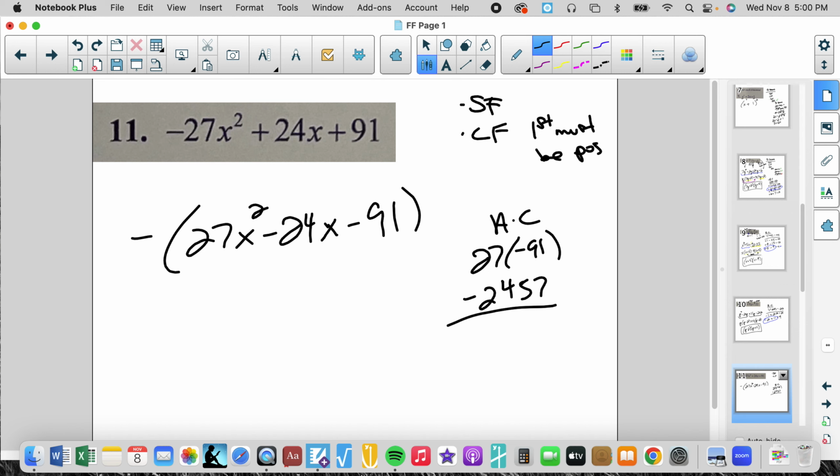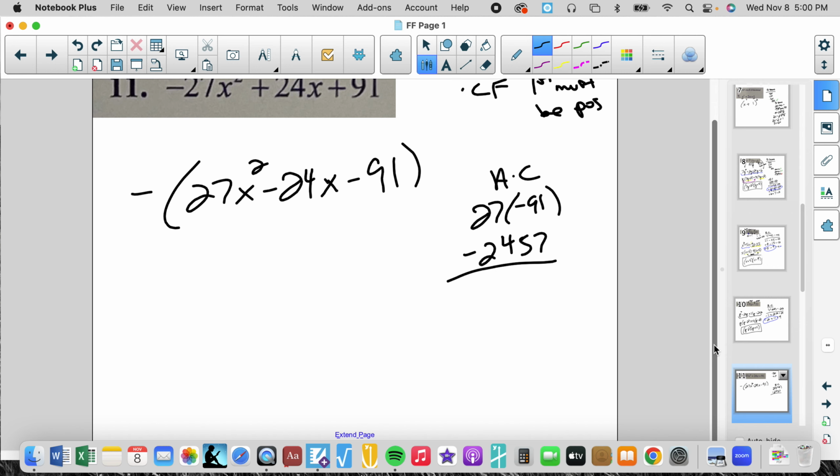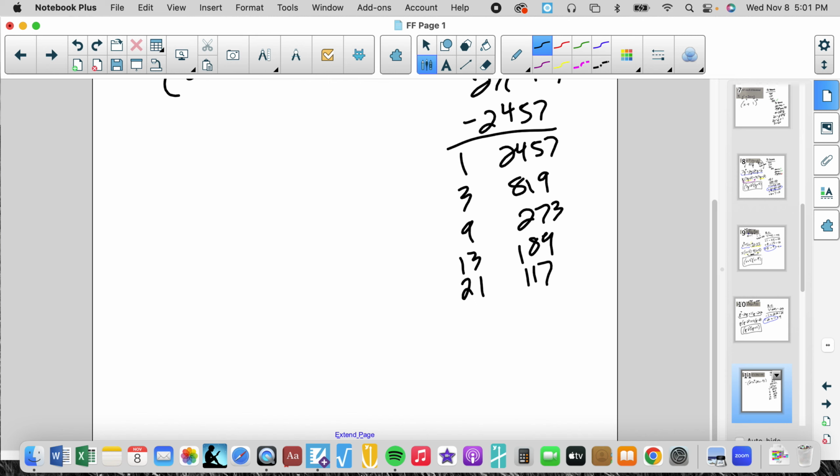2,457. Finding factors of that. Have fun. There's a number of ways you can do this. We're not going to get into it, but the prime factorization is a good way of finding factor pairs. So you have 1 and 2,457, 3 and 819, 9 and 273, 13 and 189, 21 and 117, and you have 39 and 63.